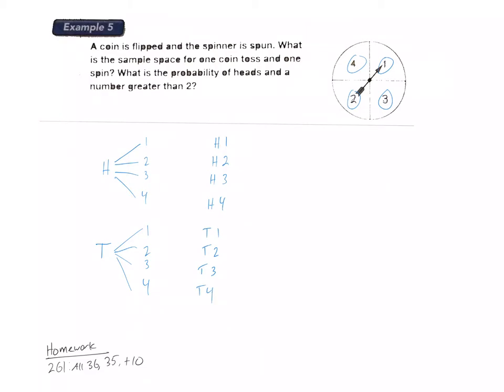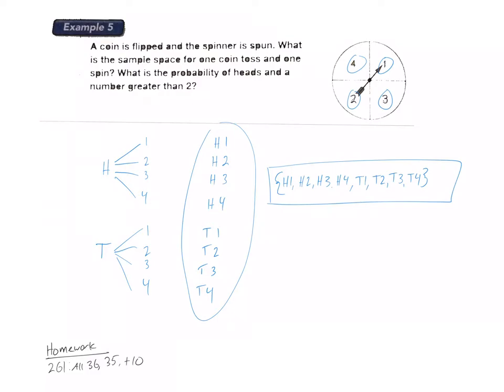So my sample space would be the set of all those outcomes. That was a pretty horrible one. So H1, H2, H3, H4, T1, T2, T3, T4. That would be my sample space. All the possible outcomes that I could get.